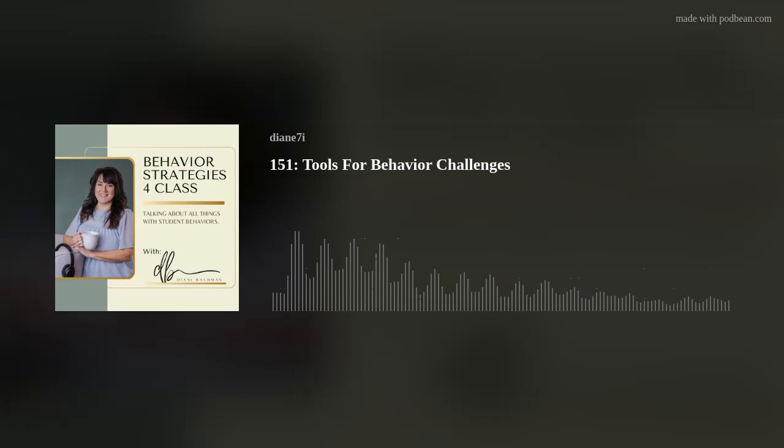Or if you need to have more individualized behavior tools, you have fidgets, alternating seating, behavior goal sheets, think sheets. So these are 7 examples of behavior tools that you can use starting today and help your students have more positive behavior.